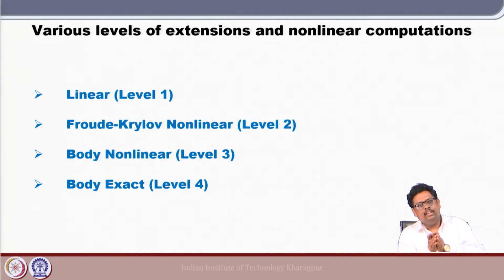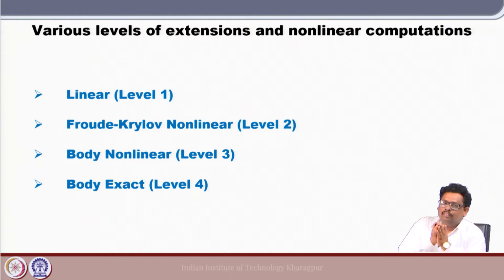All this discussion we have done, right. Now we try to find out the nonlinear thing like level 2, which we already discussed. So, whenever we discuss level 2.5, it includes level 2 and level 2.5.